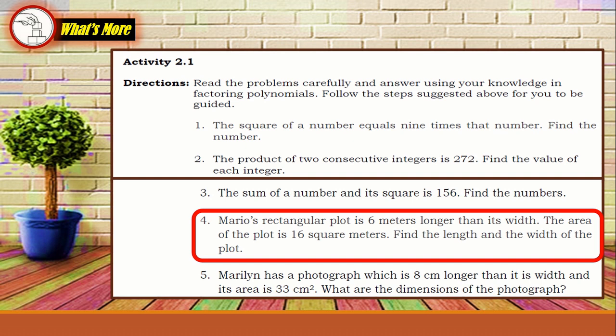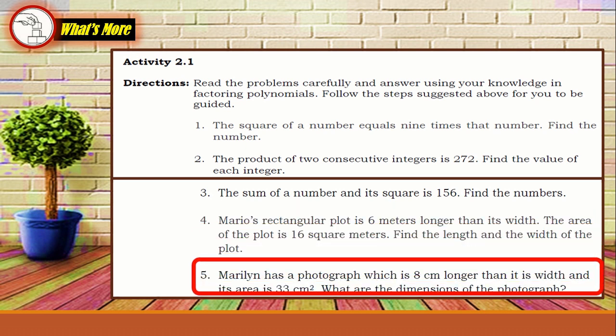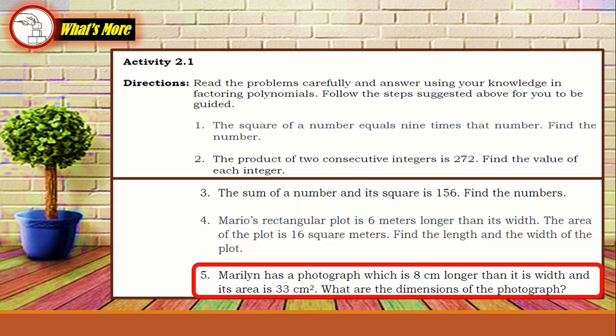The area of the plot is 16 square meters. Find the length and the width of the plot. And lastly, Marilyn has a photograph which is 8 centimeters longer than its width, and its area is 33 centimeters squared. What are the dimensions of the photograph?